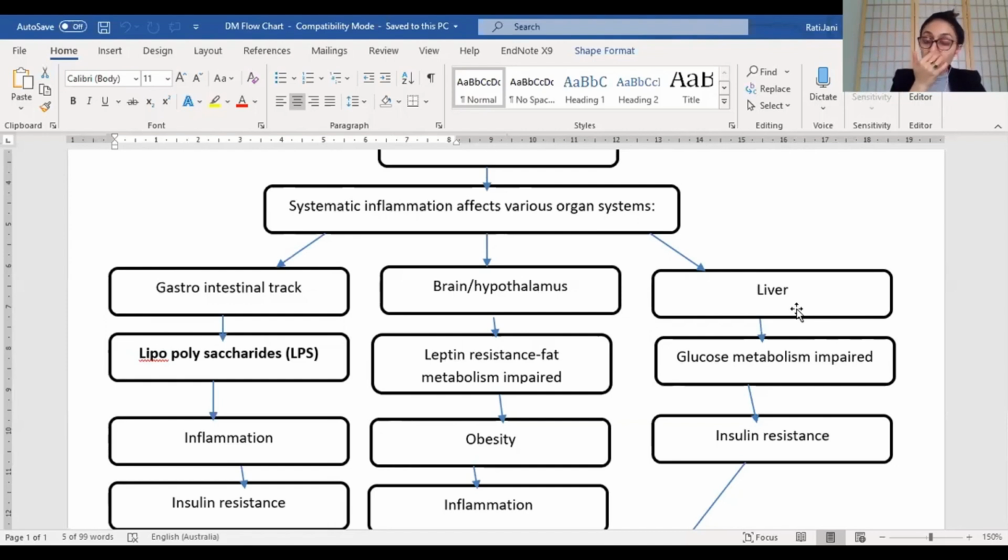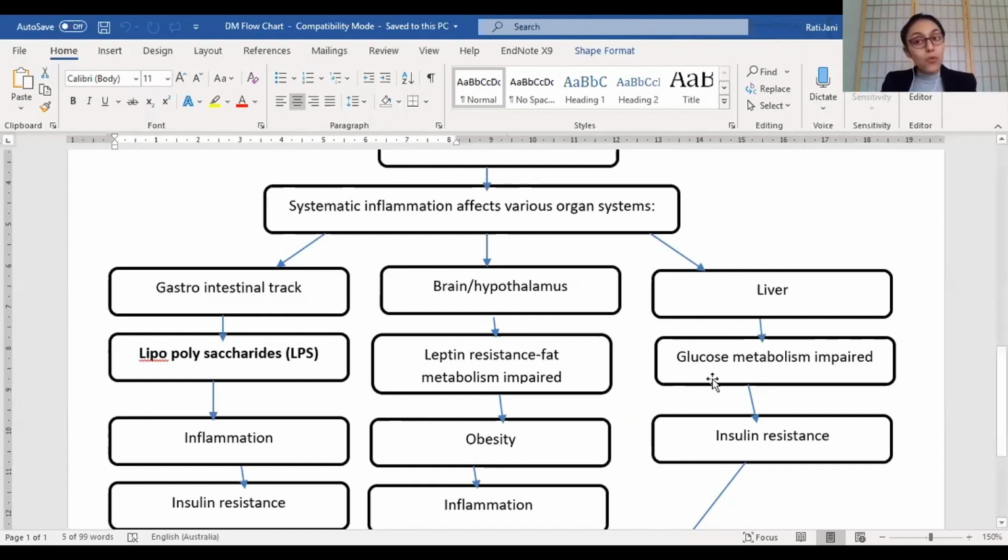Okay. And why? Because you have inflammatory compounds which are entering the liver. So the liver functioning is compromised. Remember, whenever you have inflammatory blood, meaning systemic inflammation, in any of your organs, the basic functioning of that organ will start being compromised. All right.